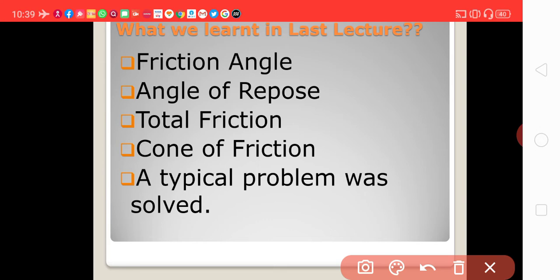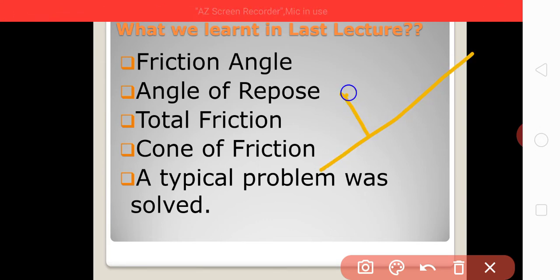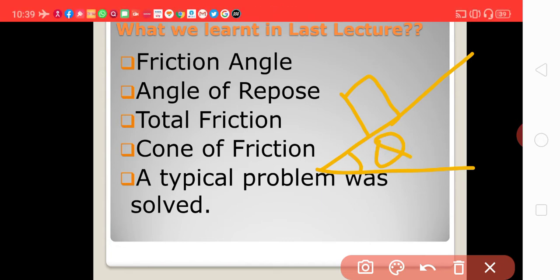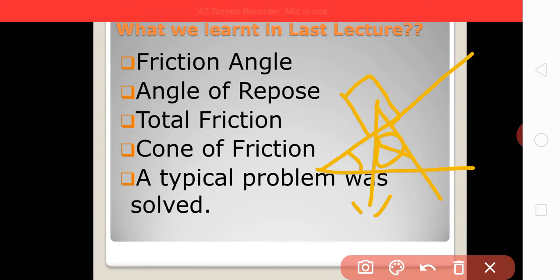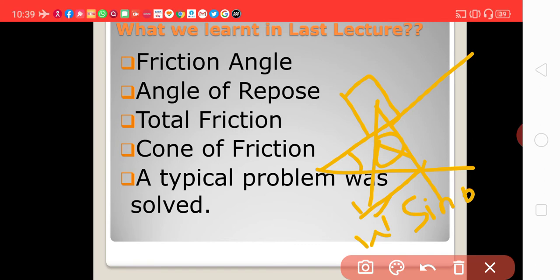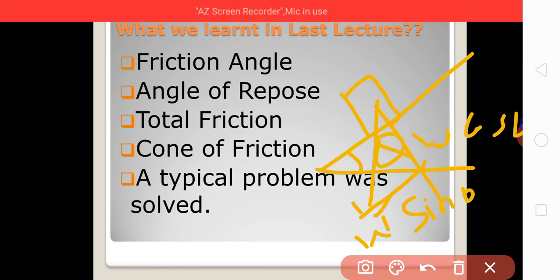So, let this be the block and this is the angle made, say theta. The weight will be acting downward. It will have two components: one equal to the normal reaction, one the sliding action. These will be W sin theta and W cos theta.